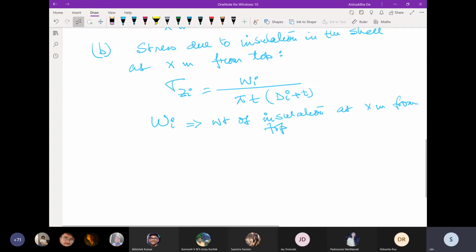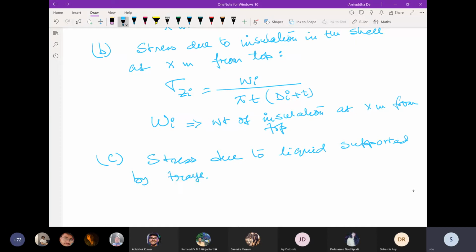Then if some liquid is there in the trays or in the body, compressive stress is generated because of that. Stress due to liquid supported by trays, etc. at x meter from the top.